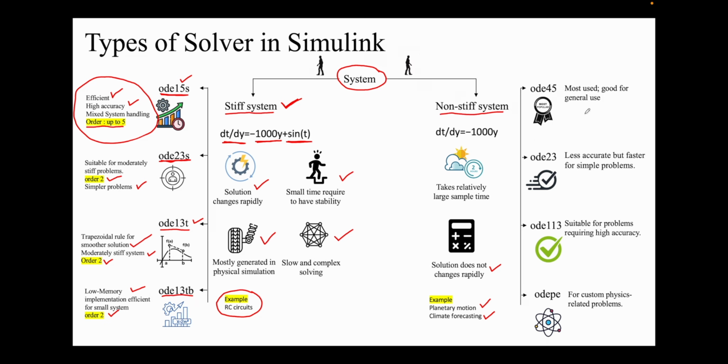But yeah, coming to the solvers that are available. ODE45 is the most popular ODE solver available in the non-stiff system category, and ODE23 is also available, and it also has a faster solution approach, so it can provide you a very fast solution, and it is applicable to simple systems, not very complex ones, and the accuracy is also less in ODE23.